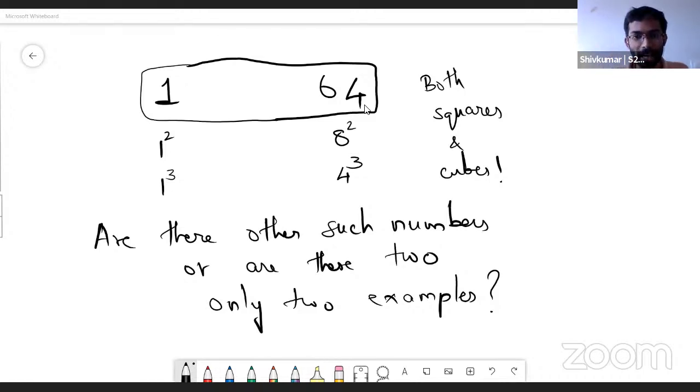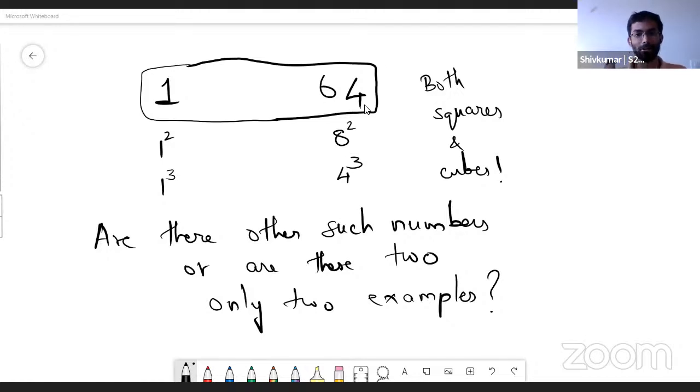Okay, yeah. So one question is, are there finitely many such numbers, or infinitely many, or only these two? Okay, and Nitya has given an answer. Nitya has said there are infinite such numbers. Very interesting. So again, in private chat, can you say why you feel so? Ridhima, do you also think that there are infinite such numbers, or these two are the only such exceptions?